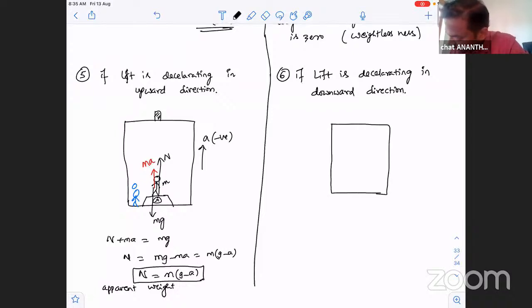Now the deceleration is downward, so I'm writing negative. Negative stands for deceleration. Okay. Correct. In this case, the normal reaction will be m into (g plus a).